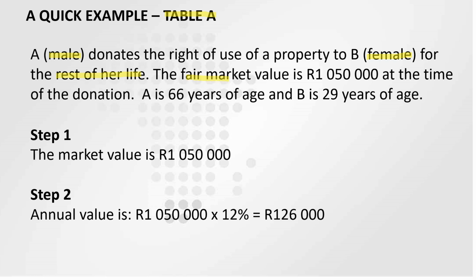We are given the fair market value of the underlying property as 1,050,000. And obviously it's important to know how old A is and how old B is. Those are the parties that are involved. The market value is the 1 million. And the annual value is then the market value multiplied by the 12% to get the annual value.